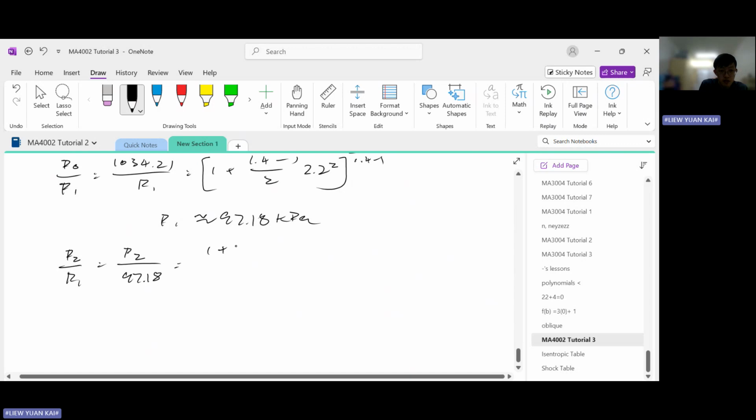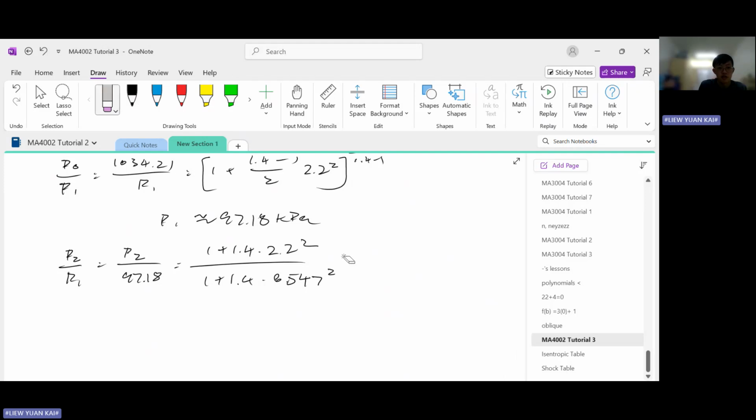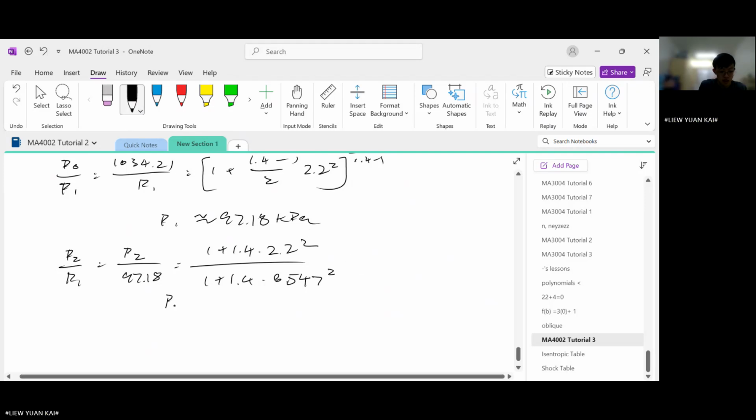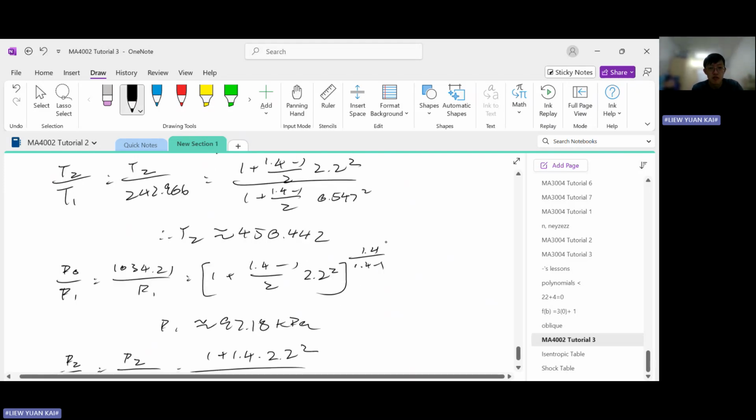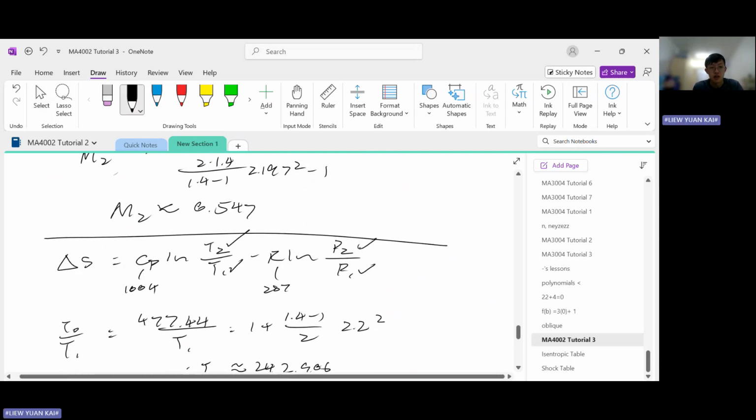Then this is given by 1.4 times the Mach number, which is 2.2, 1.4 again times 0.547. Good. You can find that P2 has a value of 531.293 kPa. Okay, so we found everything that we need to know to fill up this formula.